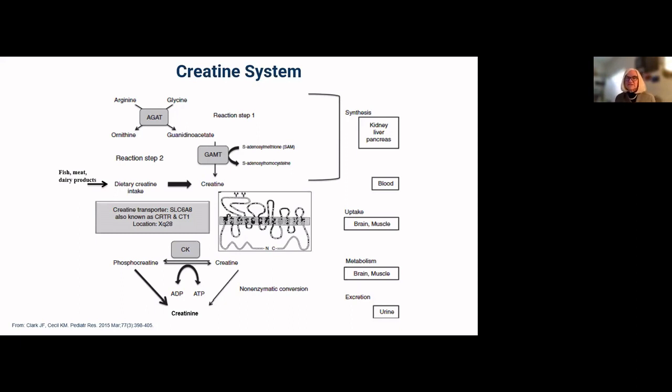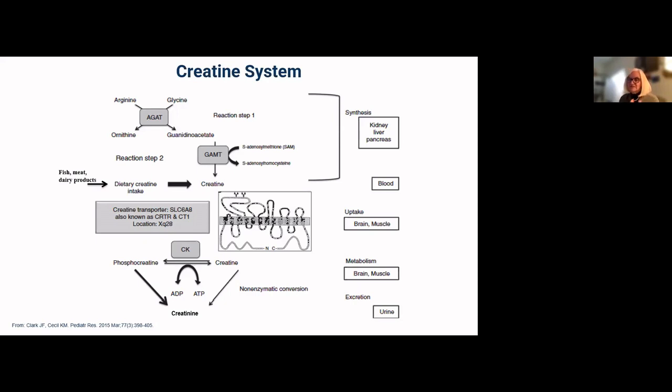The first step is catalyzed by the enzyme AGAT, arginine-glycine aminotransferase, and converts arginine and glycine into guanidinoacetate and ornithine. The second step is catalyzed by the enzyme GAMT, guanidinoacetate methyltransferase. In this reaction, a methyl group is transferred from S-adenosylmethionine to guanidinoacetate to form creatine.